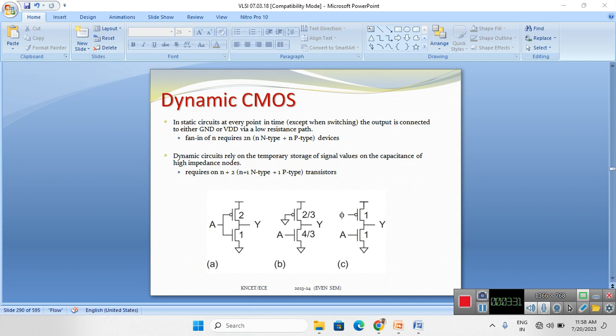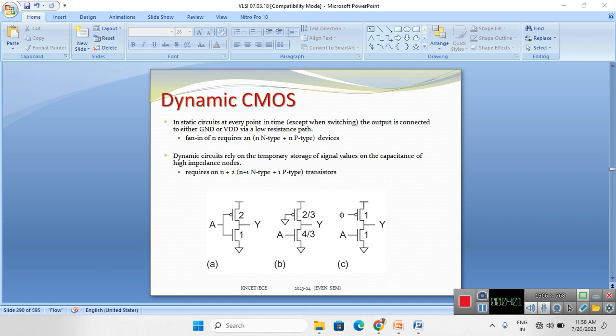So this is the general diagram for all three logics. The first one is static CMOS logic, and the second one is pseudo NMOS logic, where the PMOS is permanently grounded. The third one is dynamic CMOS logic. In dynamic CMOS logic, all the logic operations are done only by the pull down network, that means NMOS only.